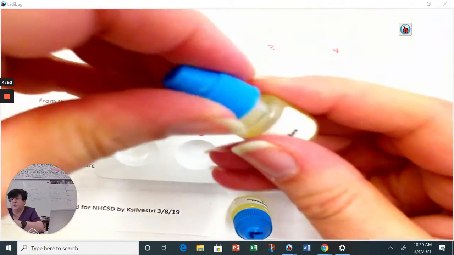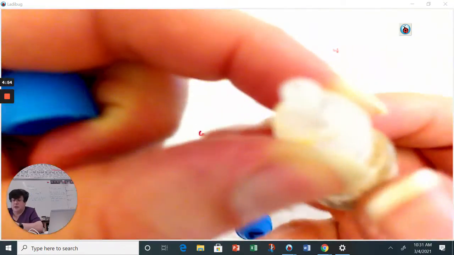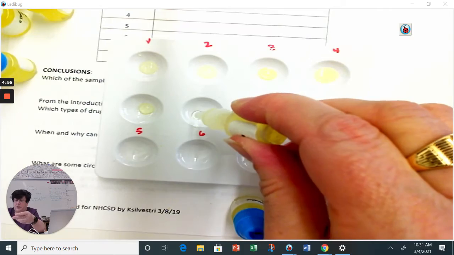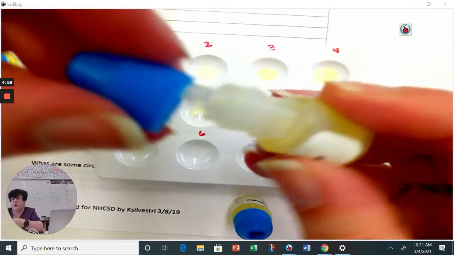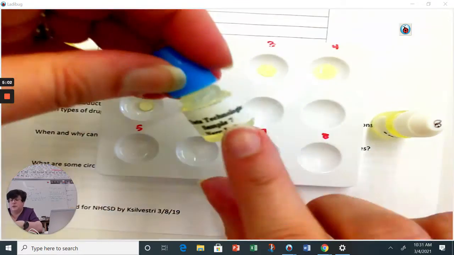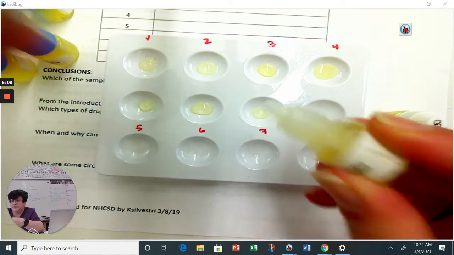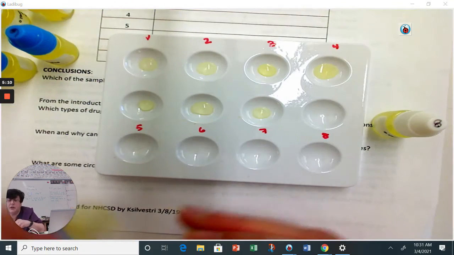And I'm doing this on purpose, so you know that I'm not messing up. Here's 6. And I didn't just bring a plate to the camera and say, look, I've got my urine drops in there. You know that they're going in the right well.